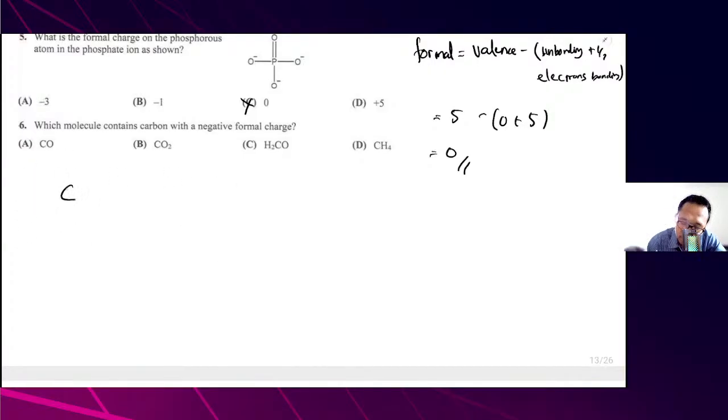If C has 1, 2, 3, 4, and then we have O over here, CO, right? O is 6, so 1, 2, 3, 4, 5, 6. Can we use C like this?